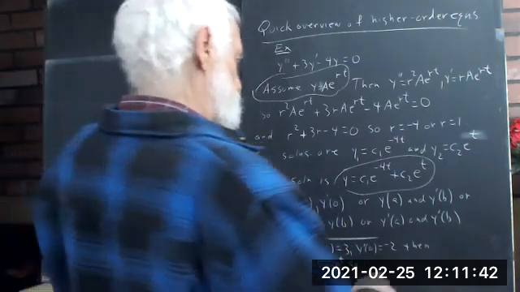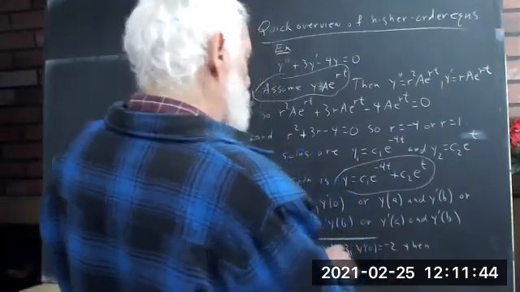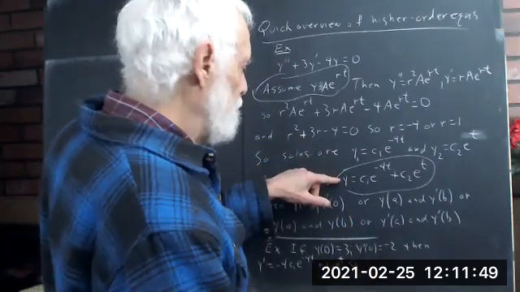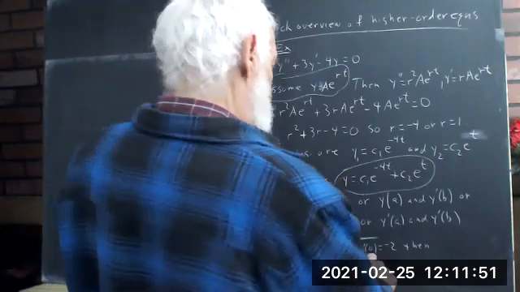So y of 0 equals 3, well, t equals 0, and y is going to equal 3.